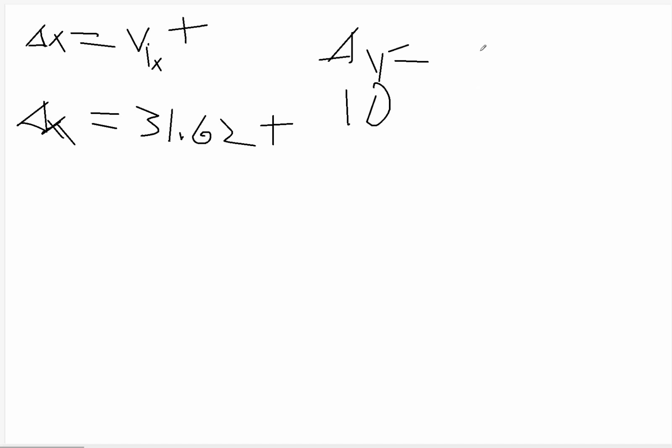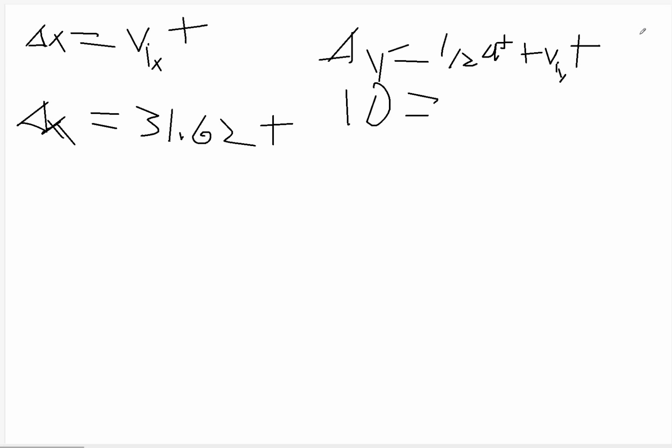And then the displacement formula is just 1/2 at squared plus vi t. But remember, we're looking at the delta y, the vertical, so vi in the y direction this time. All right, so now we can just plug everything in.